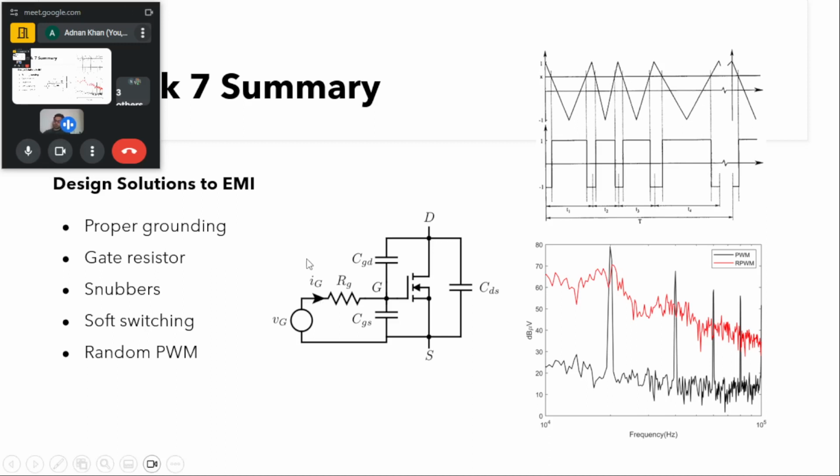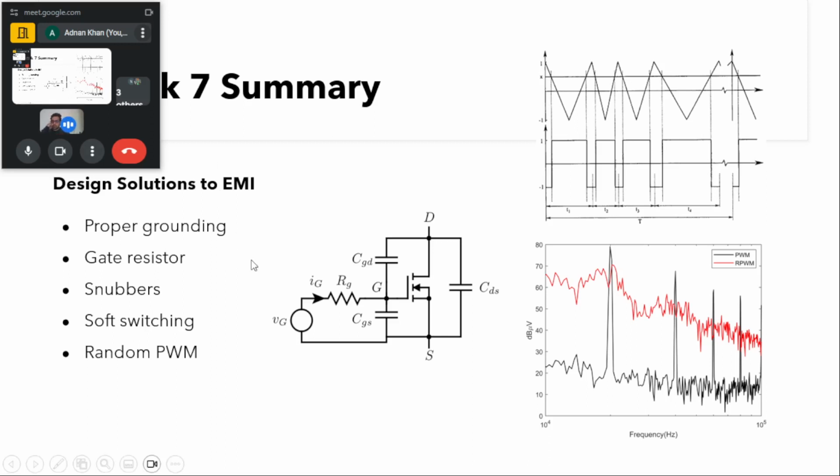The other solution is the gate resistance. We saw that usually this EMI is getting generated because of the switching voltage and currents, and usually the device turn on and turn off happens in a very small duration of time, in terms of nanoseconds, and in that small time our voltage levels change from one level to another level.